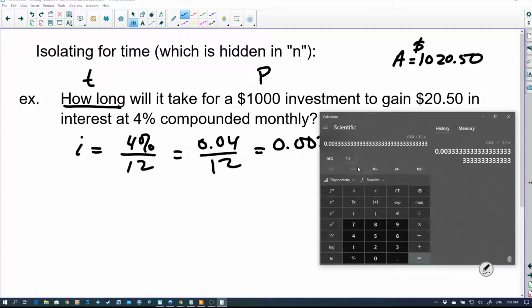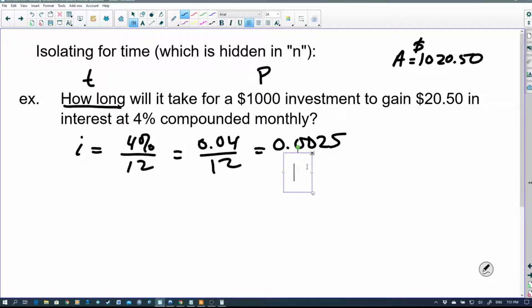Well, good that I checked. 0.0033. So let me fix that. Got ahead of myself there. All right. And we are rounding that off, which is going to cause a little bit of an issue, but it's not so bad. So we're just going to leave it like that.